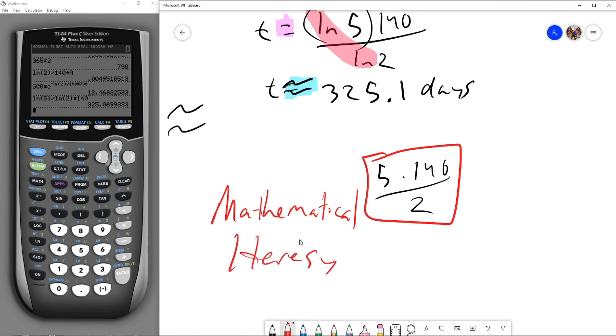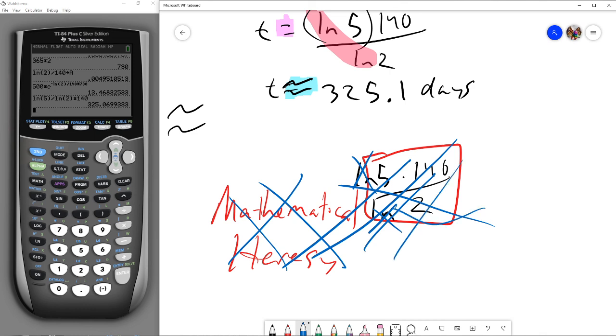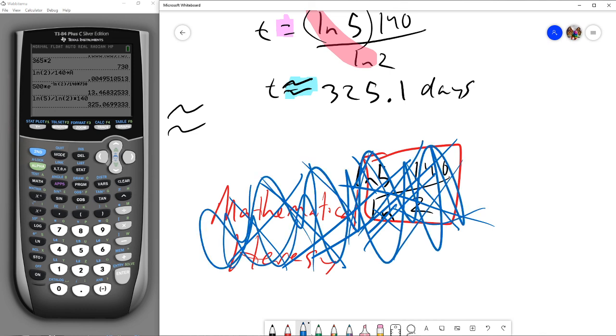You cannot cancel out the natural logs, so you need to have the natural logs there. It would be heresy if you just thought you can cancel out those natural logs and do that. So never ever do this. That is bad, bad, bad, bad. Never commit mathematical heresy. Alright, let's keep scribbling that out because that is bad. So keep that in mind. You can't just cancel out natural logs on a whim like that.